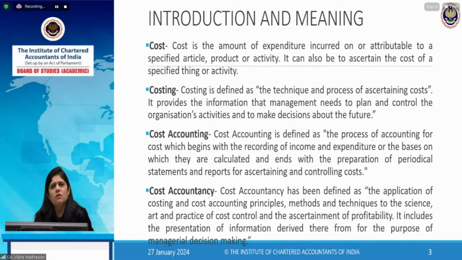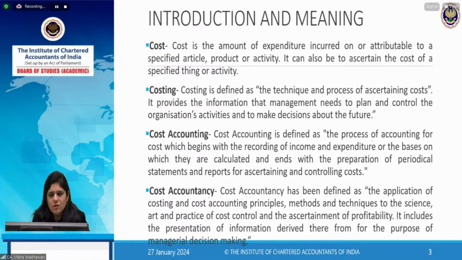What is cost? We understand cost as the amount of expenditure, whatever we incur, what we give in exchange for goods and services. That is the cost, the expenditure which is attributable to a specified article, product, or activity. Whether you buy a product, render a service, or do any activity, whatever is exchanged is the cost.